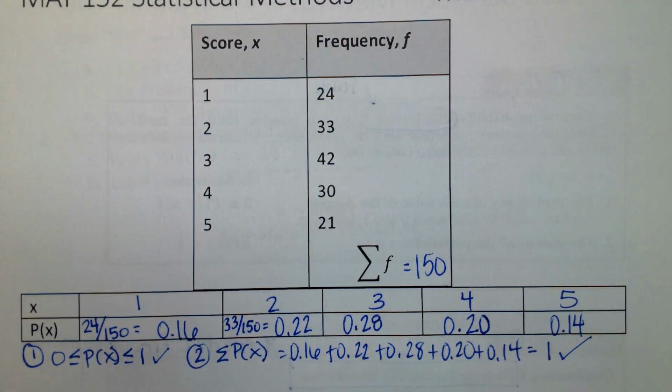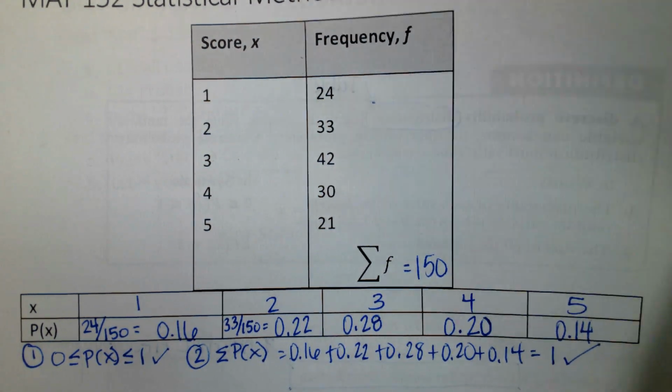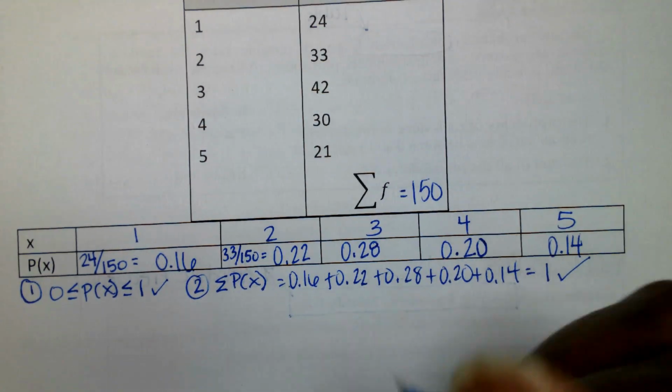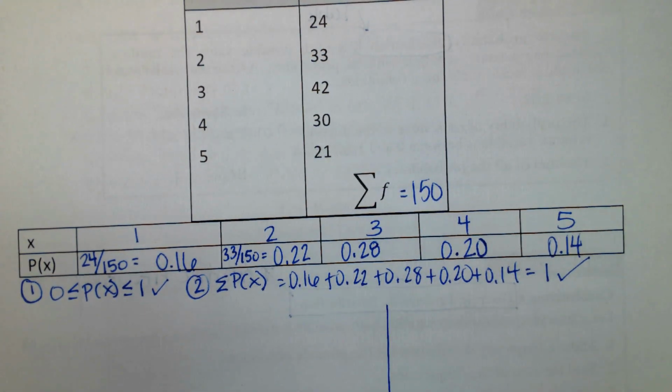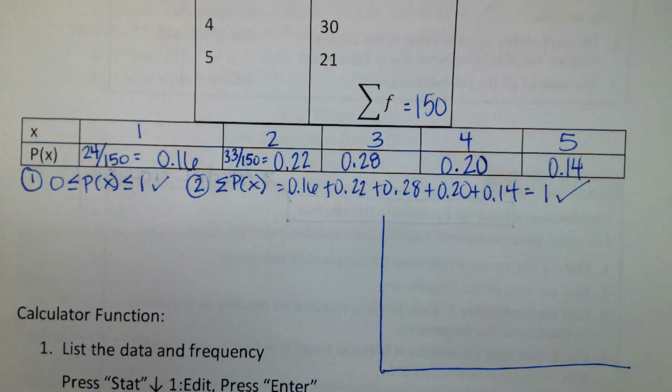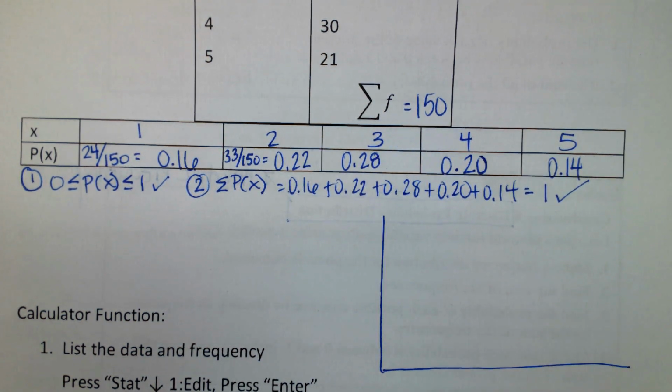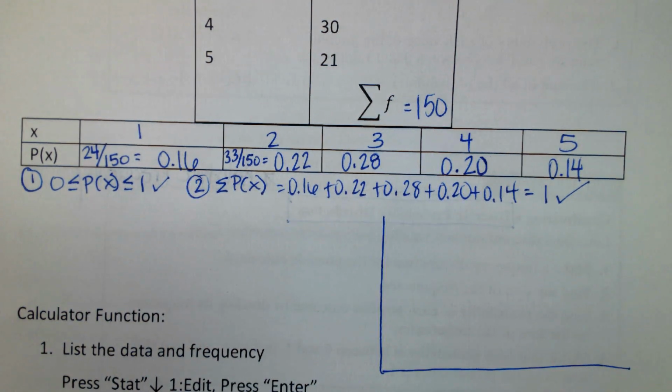Now let's look at graphing this. Remember, this is a histogram. I normally use my faithful fives on the side because it normally does the trick. So here we want to put our x's, the data that we collected. Here we're going to put our probabilities.